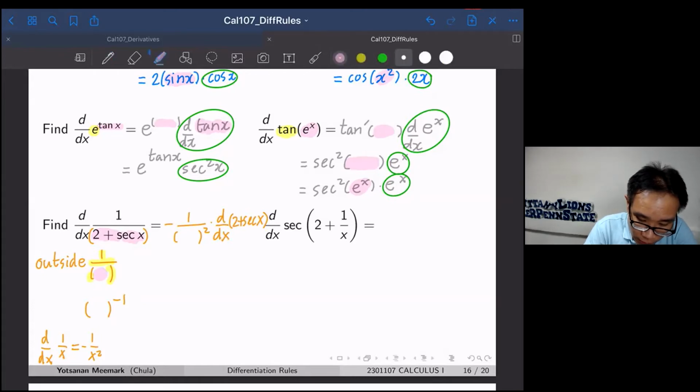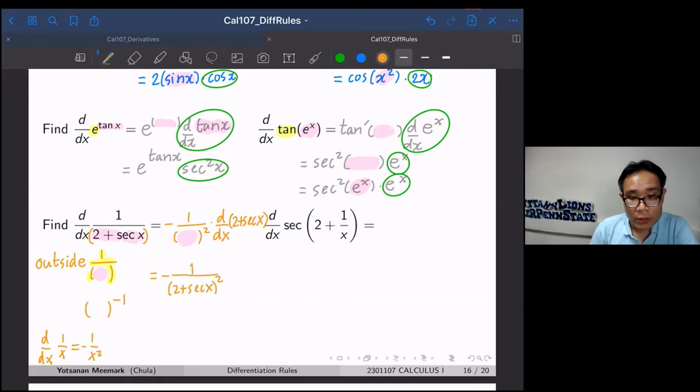So you're going to have negative 1 over 2 plus sec x squared, and you differentiate 2 plus sec x.